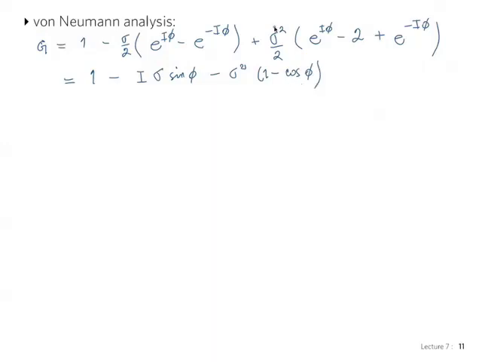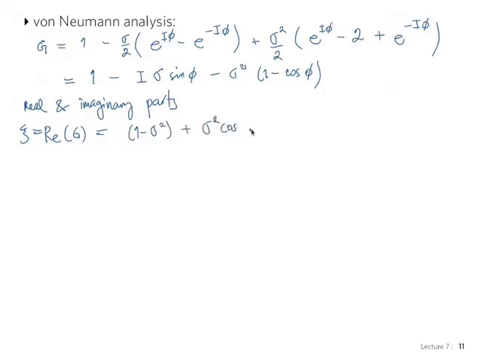Here we have again to take the real and imaginary parts to see how this looks in the complex G plane. The real part, usually psi, real of G, is equal to 1 minus sigma squared plus sigma squared cosine phi, and eta, the imaginary part of G, is equal to minus sigma sine phi.